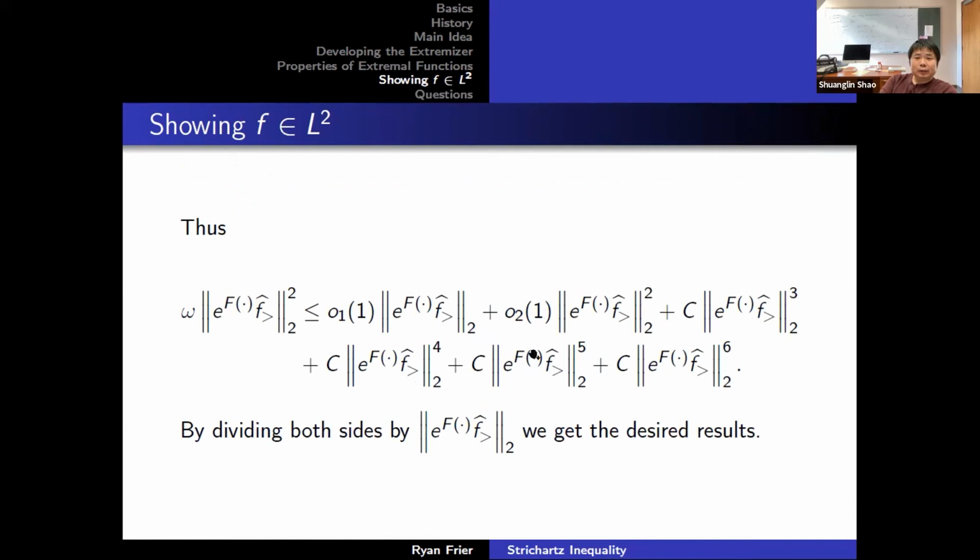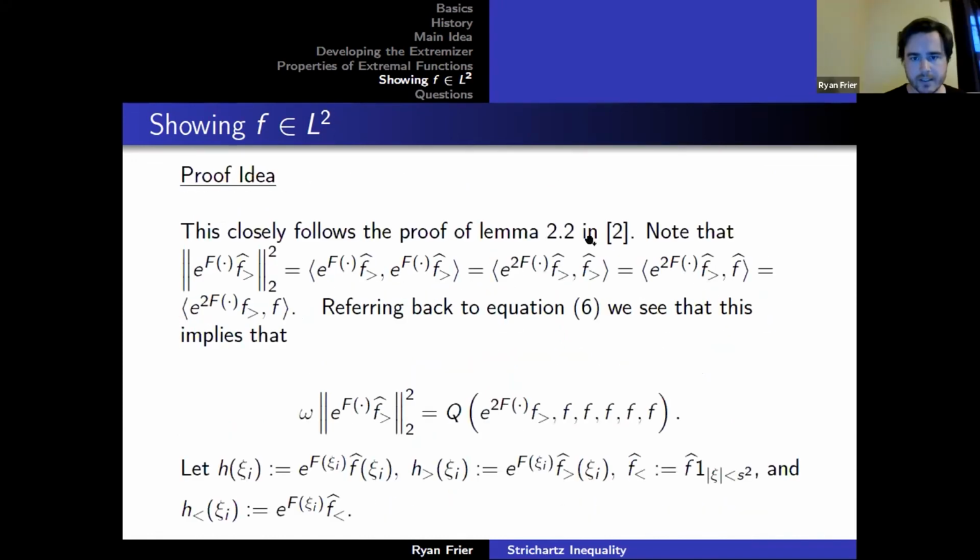Actually, you should trace back to my earlier paper with Hundertmark. That's where we first use the high-low, so the interaction between high-low waves is weak.